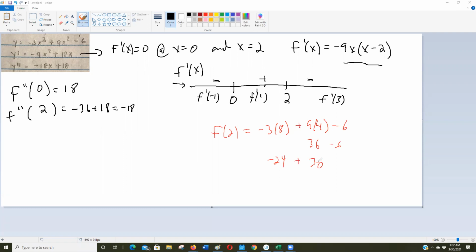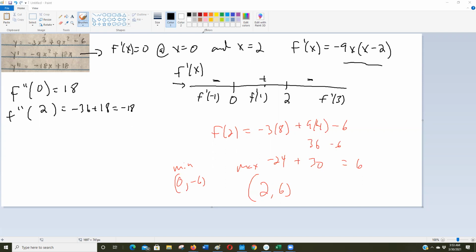I'm seeing 6, unless I'm making a mistake, which is entirely possible. So 6 is a maximum, and the minimum happens at 0, -6.